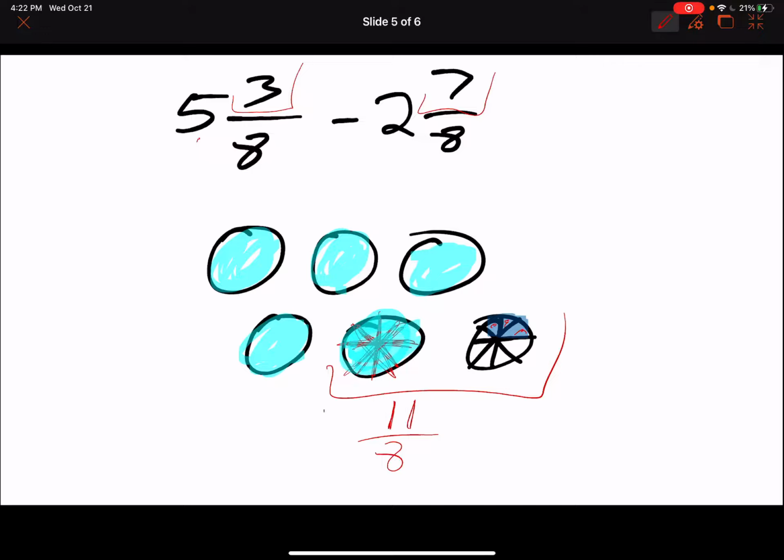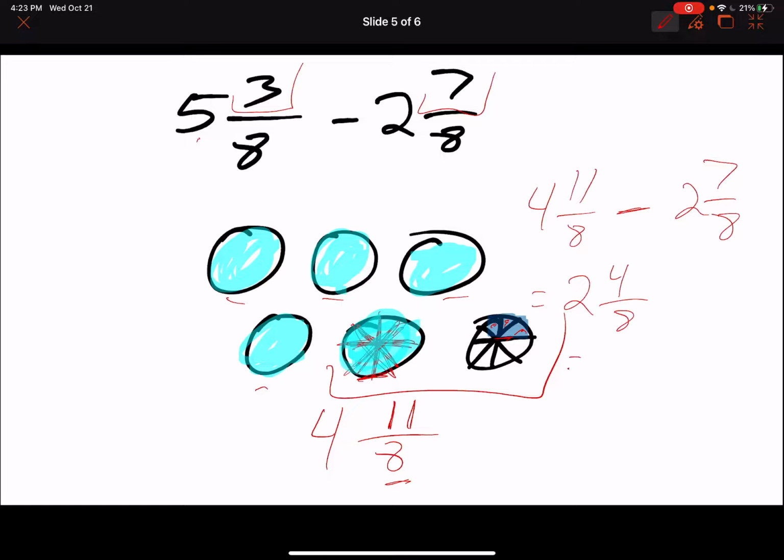So now this can be 4, the 4 here, 1, 2, 3, 4, and 11/8, 5 plus the 3, right? And now I can go 4 11/8 minus 2 and 7/8, and 4 minus 2 is 2, 11 minus 7 is 4, and now I have to make this into its lowest form, and that is 1/2.